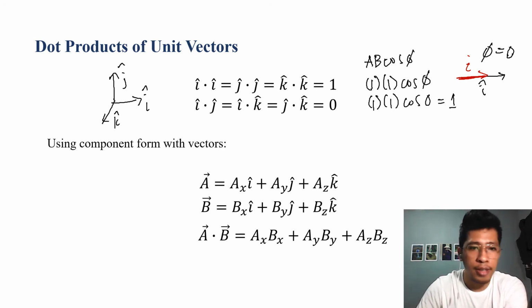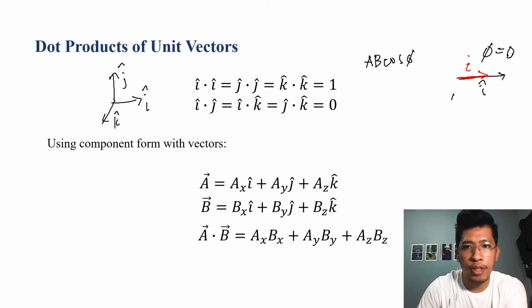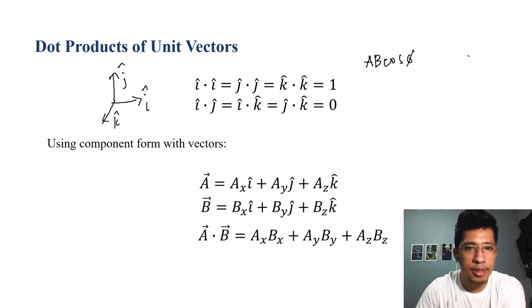On the other hand, if we look for the dot product of vectors which are at 90 degrees with each other, like for example i hat dot j hat, i hat dot k hat, and j hat dot k hat, this is equal to 0. And why is that? Again, your unit vectors all have magnitude of 1, then cosine phi.